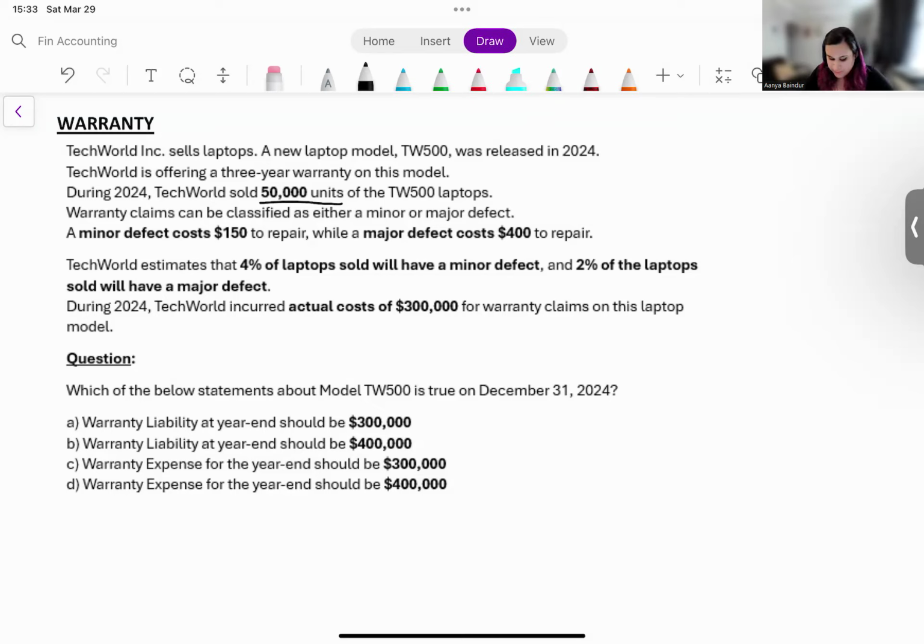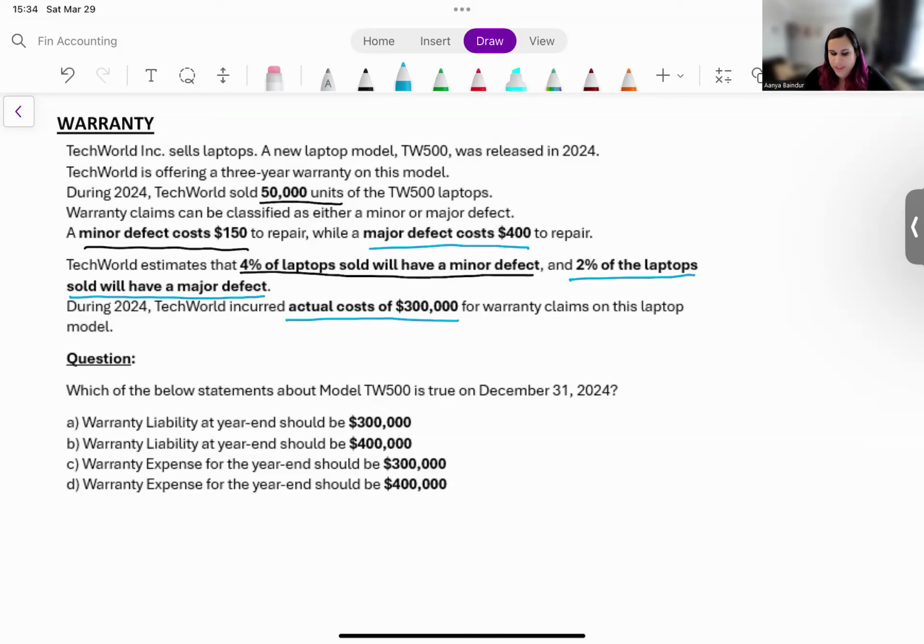There are either minor warranty claims, which account for 4% of the laptops and cost $150 each to repair, or major claims, which cost $400 each to repair and account for 2% of all the laptops sold. And at the same time, they also told us the actual cost incurred for warranty claims.